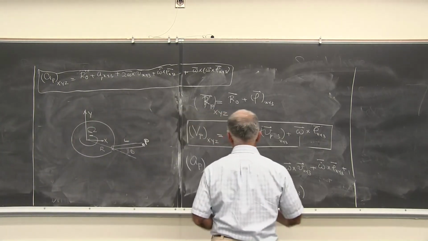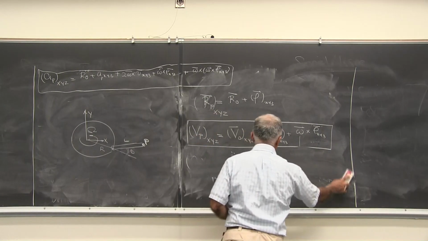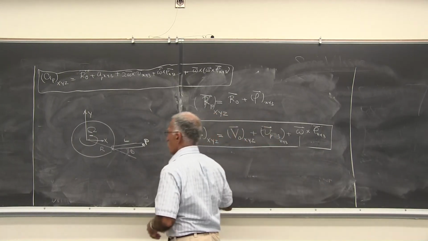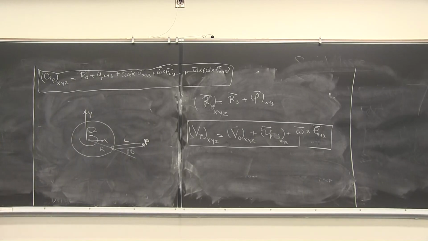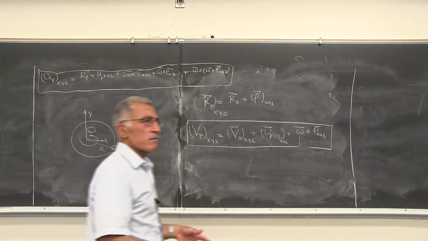You may say, well, I like to solve it with an auxiliary coordinate system. It's as if you are sitting on top of the disk and you are watching that arm.